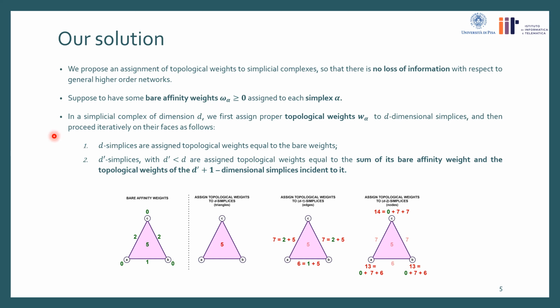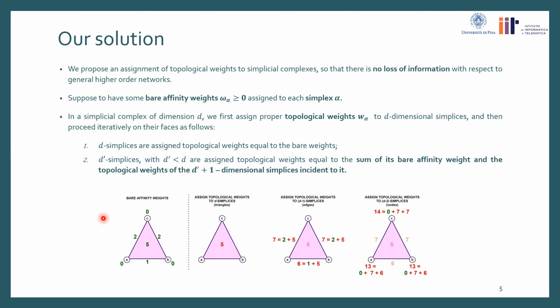Now, the assignments work like this. We start by simplicial complexes of maximum order, meaning that, for instance, in a simplicial complex of order 2, maybe I forgot to say this, a simplicial complex of order 2 considers at most triangles, so triadic interactions.